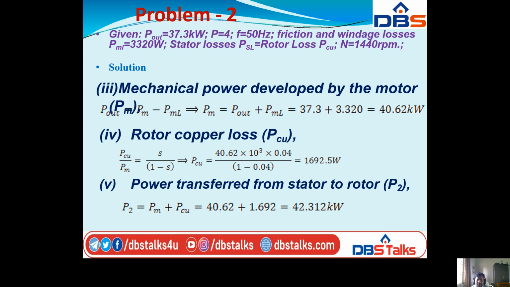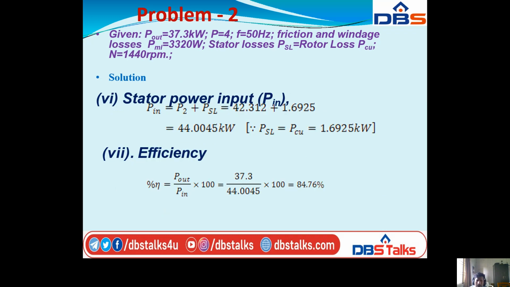Fifth one, power transferred from stator to rotor, that is P2. P2 is equal to PM plus PCU, PM 40.62, PCU 1.692, that is equal to 42.31 kilowatts. Sixth one, stator power input.